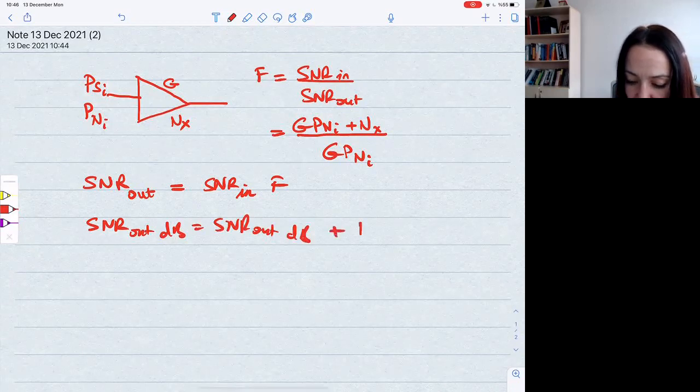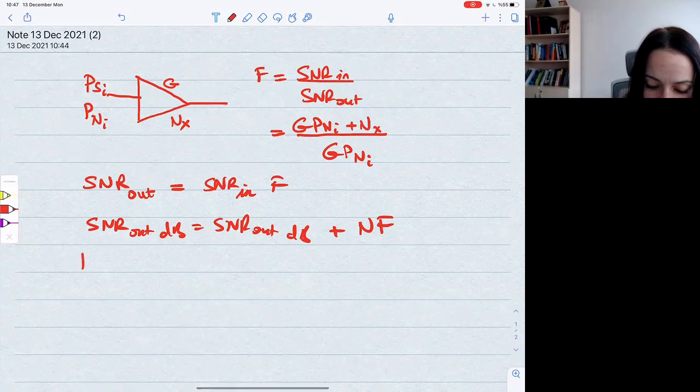Plus the noise figure. The noise figure is the dB version of the noise factor, right? But this is basically P.